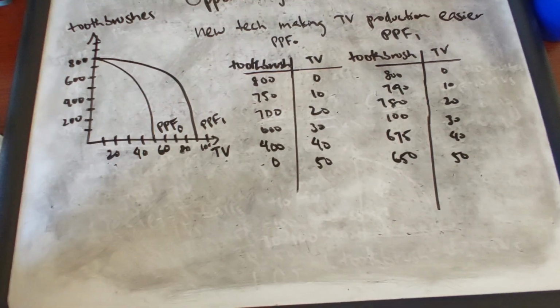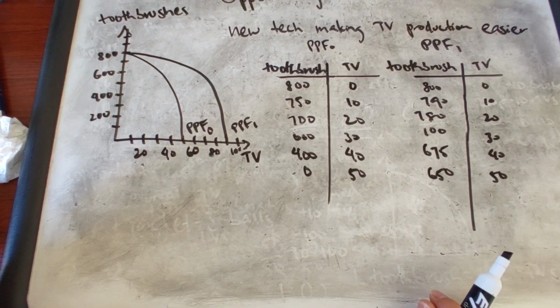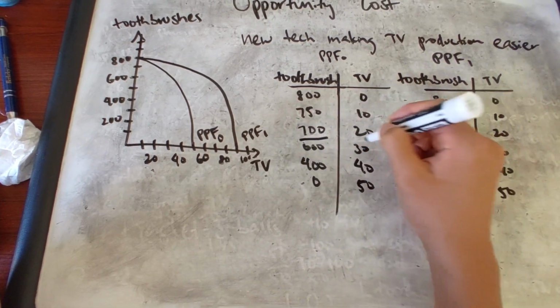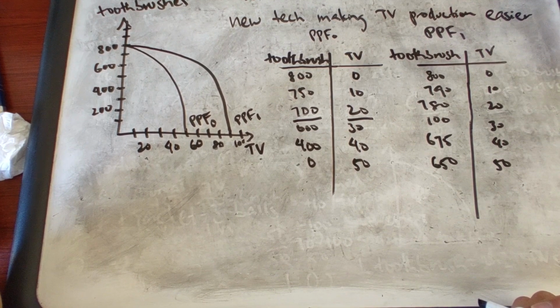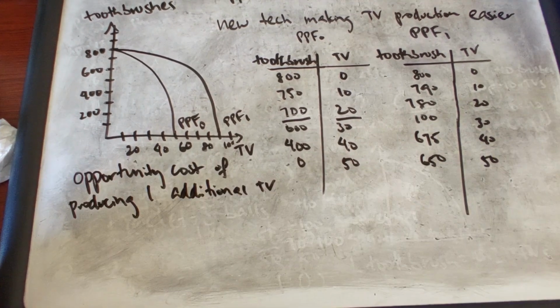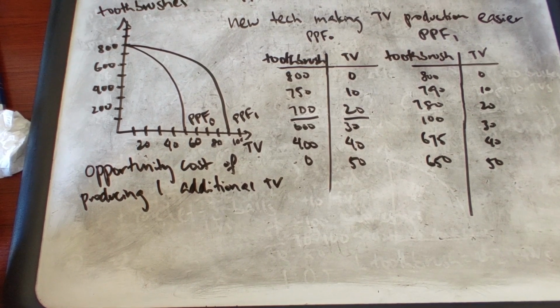Alright, now that we have the table and the graph, let's do an example. Before the change, the company is producing 700 toothbrushes and 20 TVs. So what is the opportunity cost of producing one additional TV? The opportunity cost is the value of an object in relationship to another.